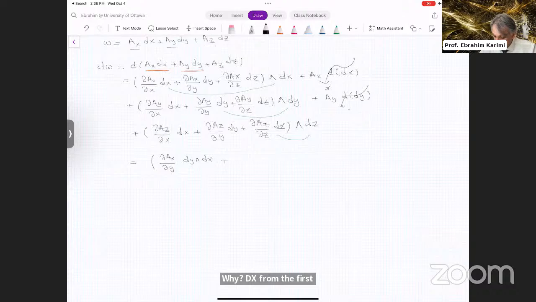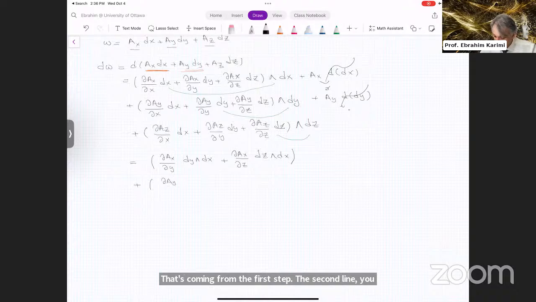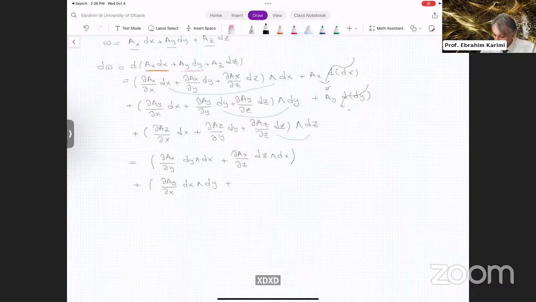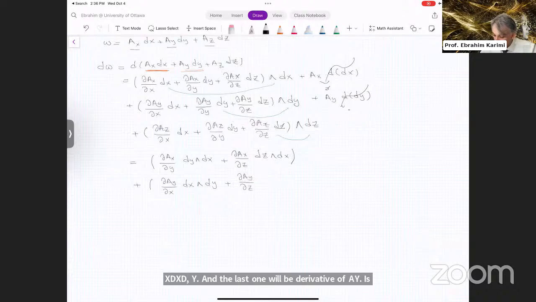The second one will be the derivative of Ax with respect to z dz wedge dx. That's coming from the first term. In the second line, you will get the derivative of Ay with respect to x dx wedge dy, and the last one will be the derivative of Ay with respect to z dz wedge dy.